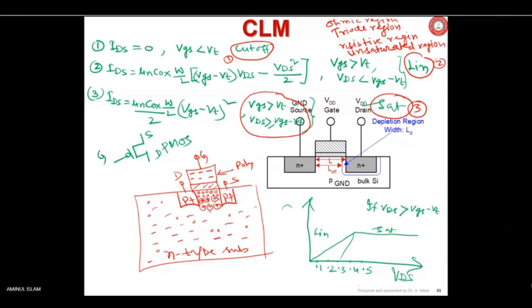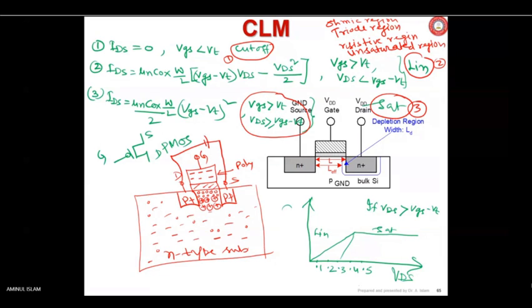Now if you apply a potential between source and drain, then the hole flow will start.